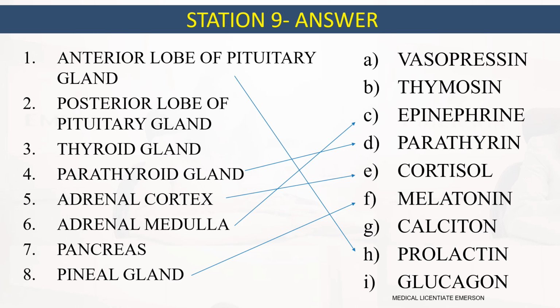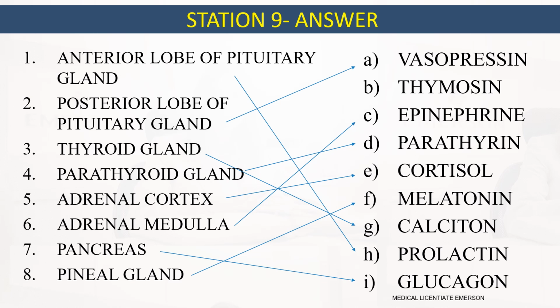The number 1, which is the anterior lobe of the pituitary gland, produces prolactin. The number 2, the posterior lobe of the pituitary gland, produces vasopressin. Then the thyroid gland produces calcitonin. Then finally the pancreas produces glucagon. Then you have answered this station.